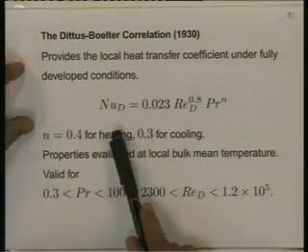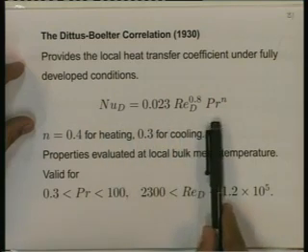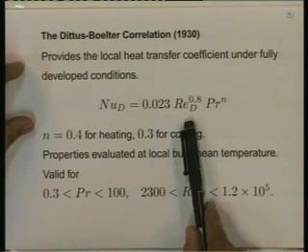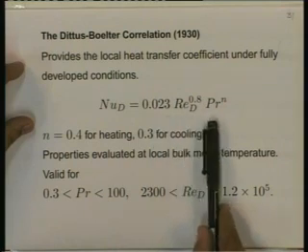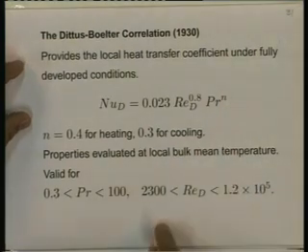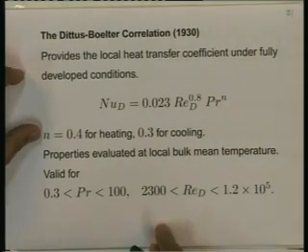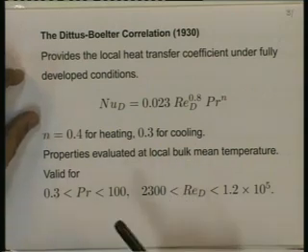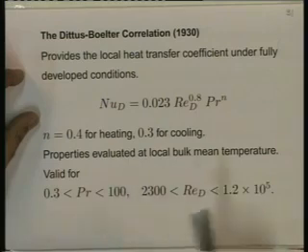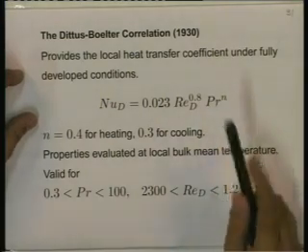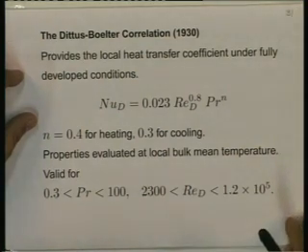The Nusselt number is a function of Reynolds number and Prandtl number and is equal to 0.023 into Reynolds number raised to 0.8, Prandtl number raised to some exponent n, where the exponent n is 0.4 for heating and 0.3 for cooling. So, heating data correlates well with n equal to 0.4, cooling data correlates well with n equal to 0.3.